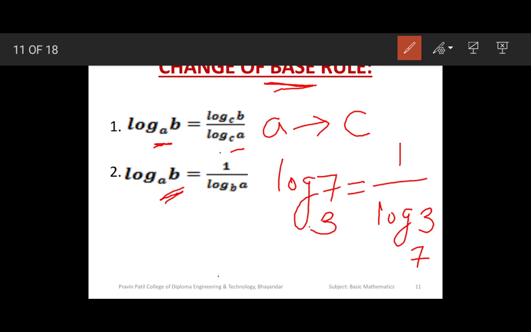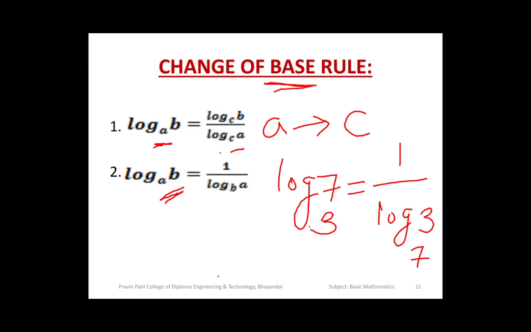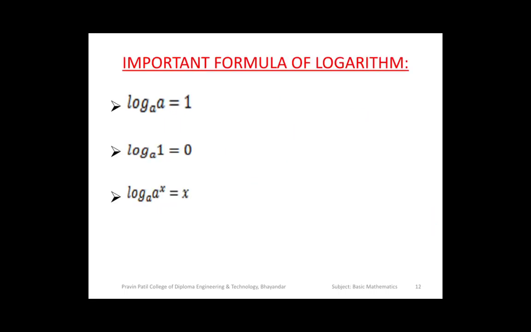So, is the formula clear? Now there are some more important formulas of logarithm. You just remember these three important formulas. First formula says that log A to the base A equals 1.